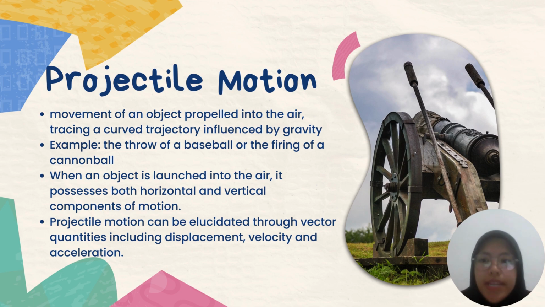When an object is launched into the air, it possesses both horizontal and vertical components of motion. Projectile motion can be elucidated through vector quantities including displacement, velocity, and acceleration. Now let's watch a video to help you understand better what projectile motion is and the relationship between this and vectors.